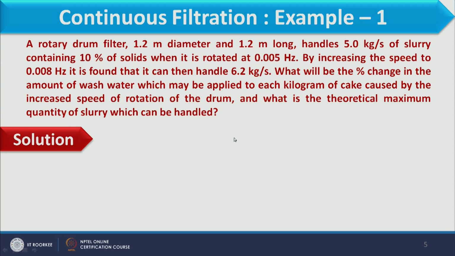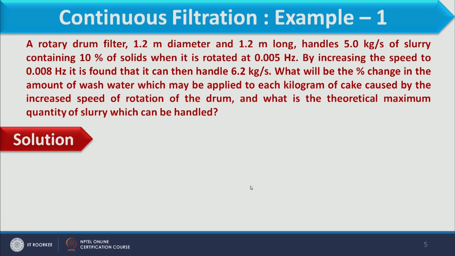We first calculate the rate of washing and then the amount of wash water for case 1, where rotation is 0.005, and for case 2, where rotation is 0.008, and then we compare these two amounts to calculate the percent change. So here we have the solution for this problem.